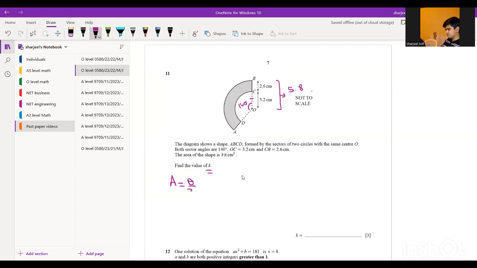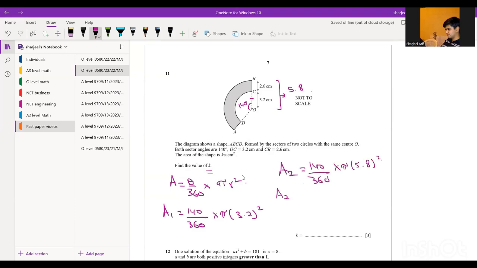So we will use the formula 1 by 2, so theta divided by 360 into pi r square. For the smaller sector, that would be 140 divided by 360 into pi into 3.2 square. For the larger sector, let it be A2, 140 divided by 360 into pi into 5.8 square, and their difference is equal to K pi.